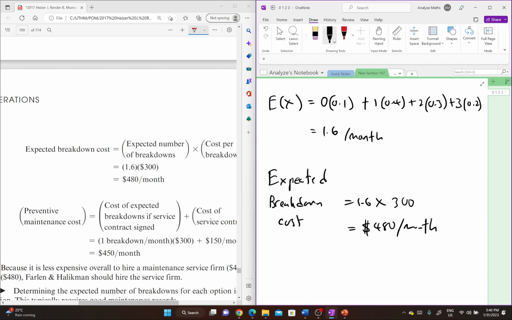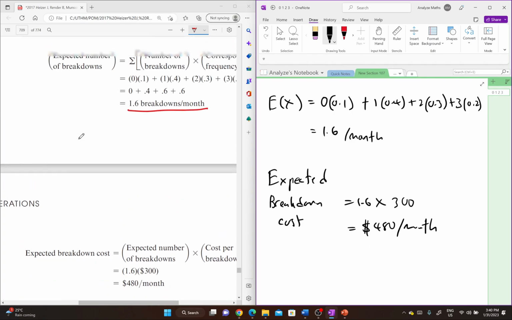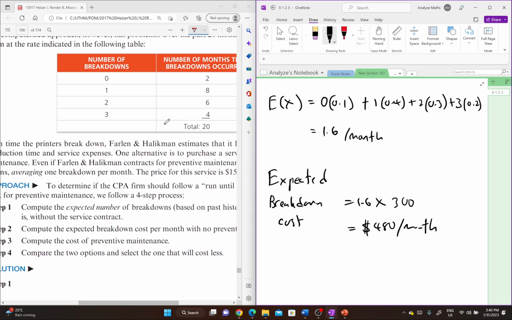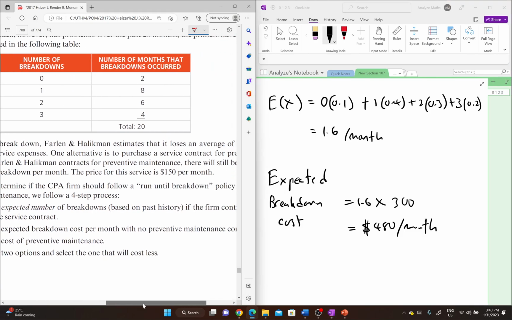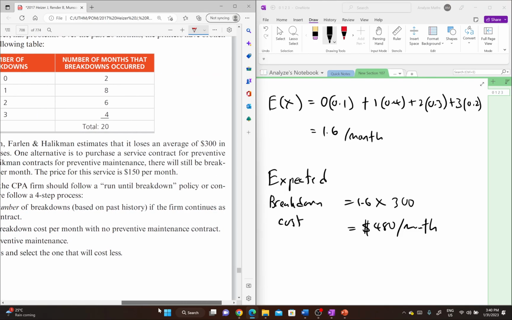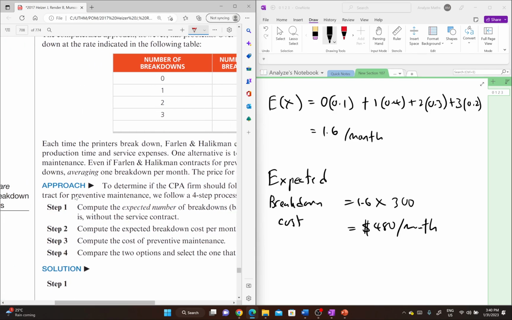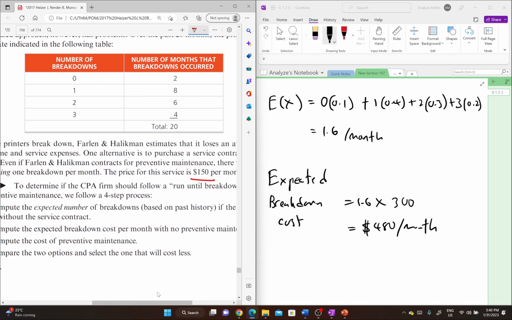This much is costing you to face the breakdowns. But now, if we take the preventive maintenance contract, we have to pay them 150, but the good part is the breakdown is reduced by 1.